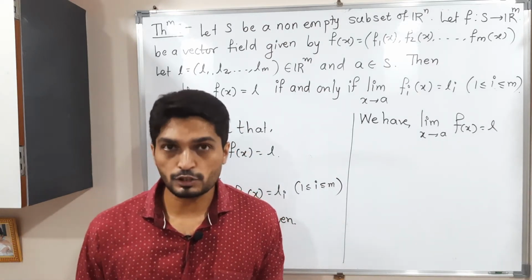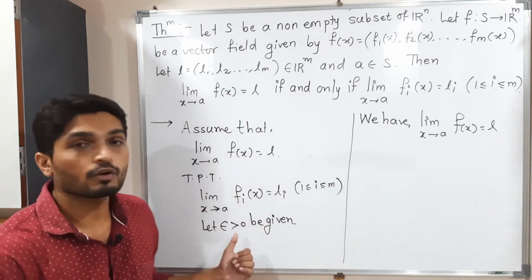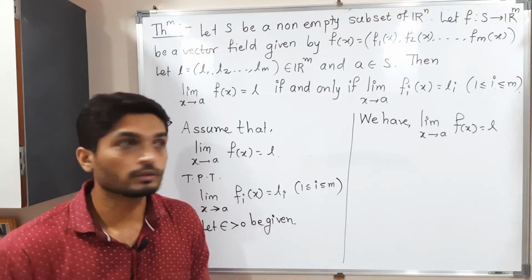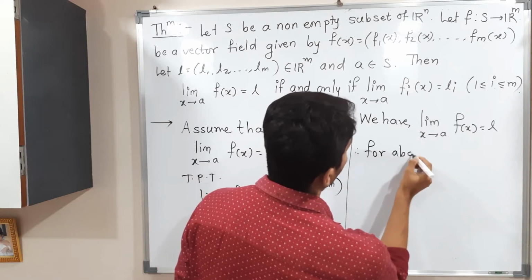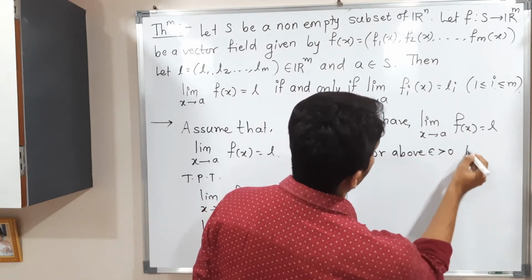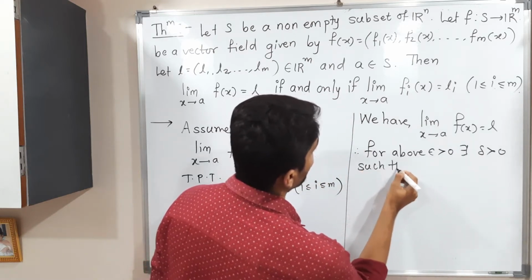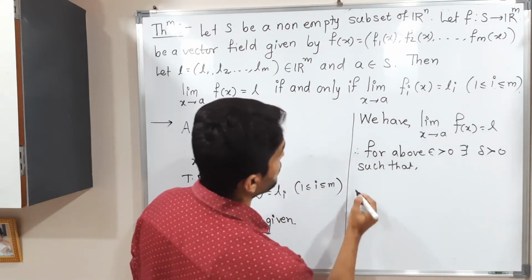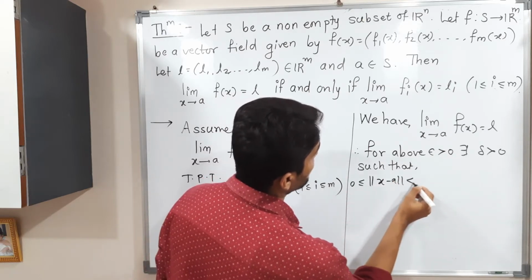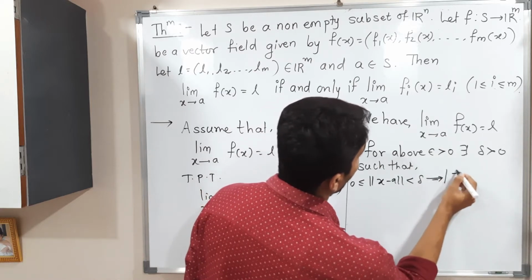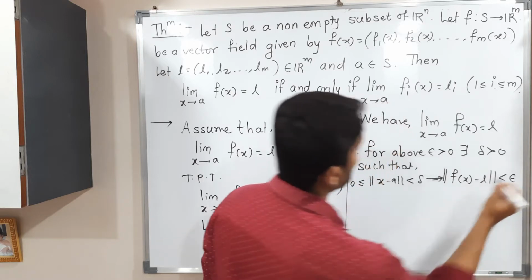By definition, for the above epsilon greater than 0, since one epsilon we have already assumed, there exists delta greater than 0 such that, using the definition of limit, 0 less than norm of x minus a less than delta implies norm of f of x minus L less than epsilon.